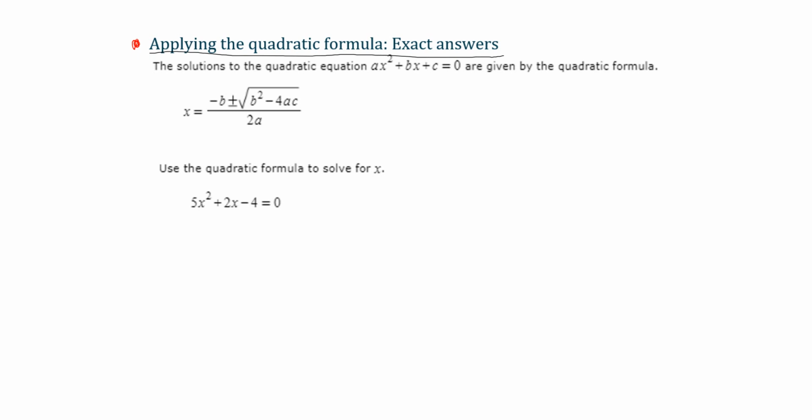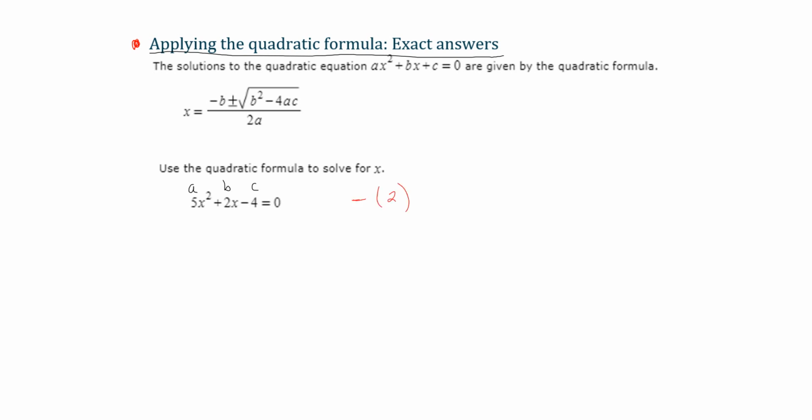Okay? So in this problem we have A, we have B, and we have C. So it's the opposite of -2. You can just write that as -2. You can skip a step. So B goes in there, which happened to be positive.